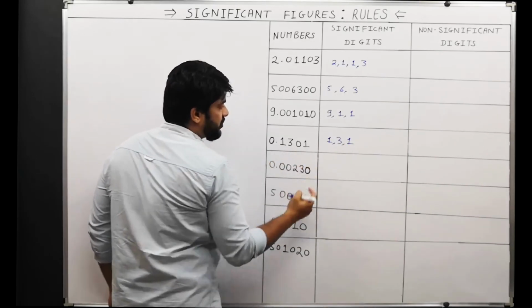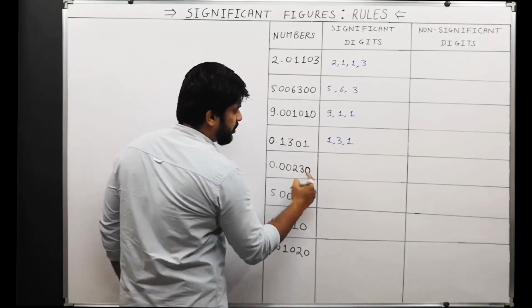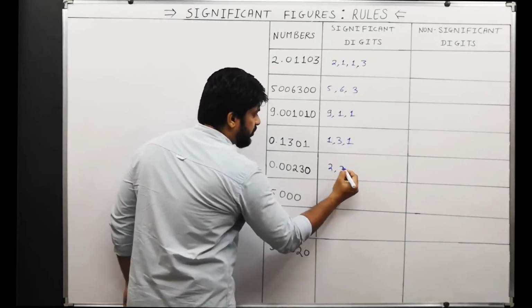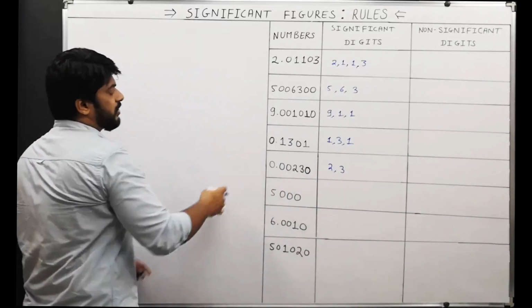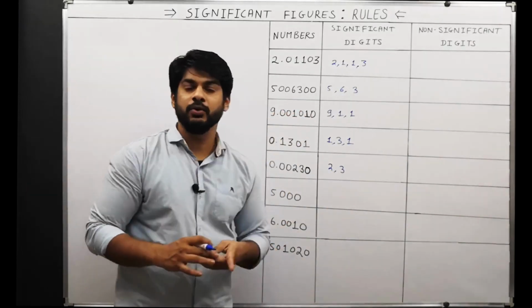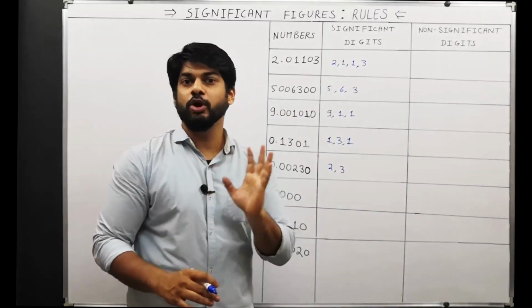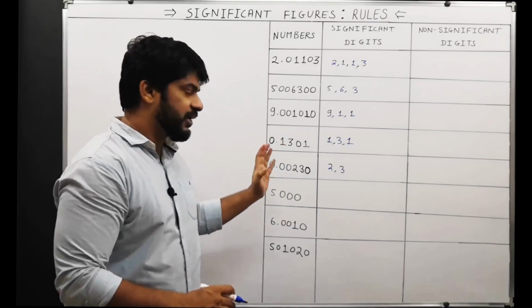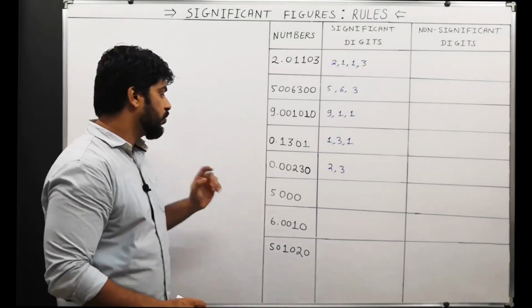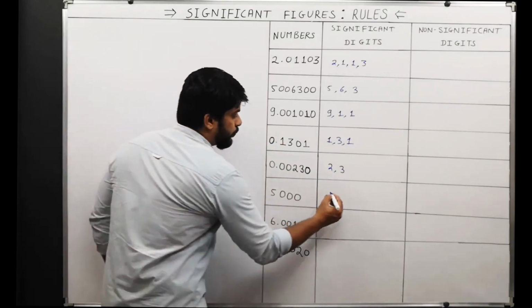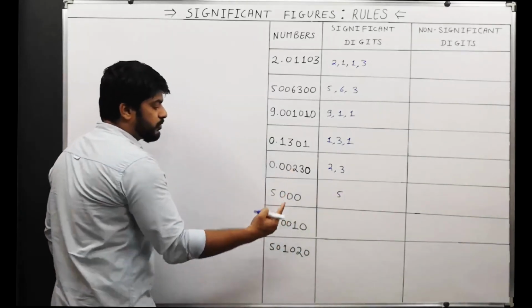These three are significant. Here 2, 3. They are significant. These zeros are also there, but we have not yet talked about the rule regarding zero. Once we talk about that, then we will check those zeros also. Now here 5; 5 is significant, it's non-zero.